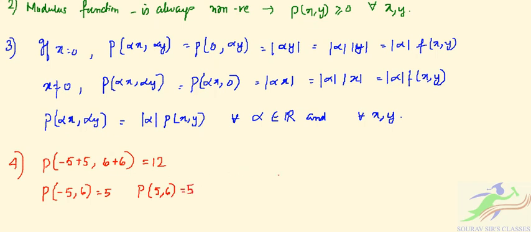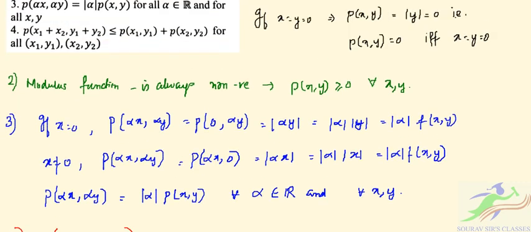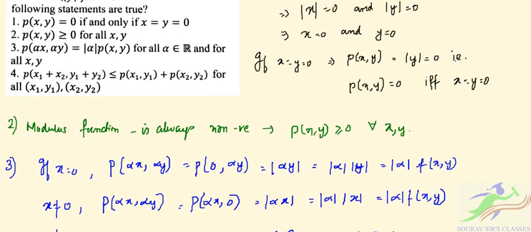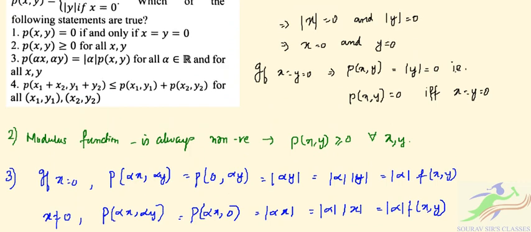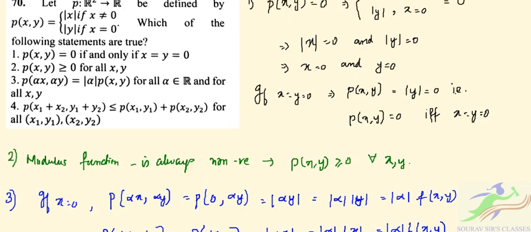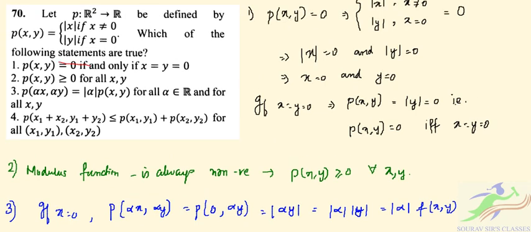So here it is 12, which is not less than or equal to 10. So in our case, option 4 is incorrect. This relation will not hold for all (x1,y1) and (x2,y2). So for question number 70, the correct options are option 1, 2 and 3.